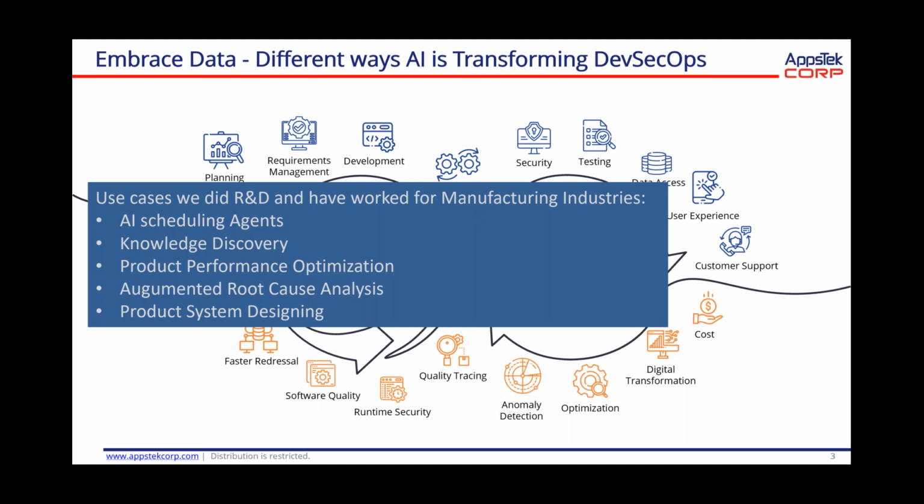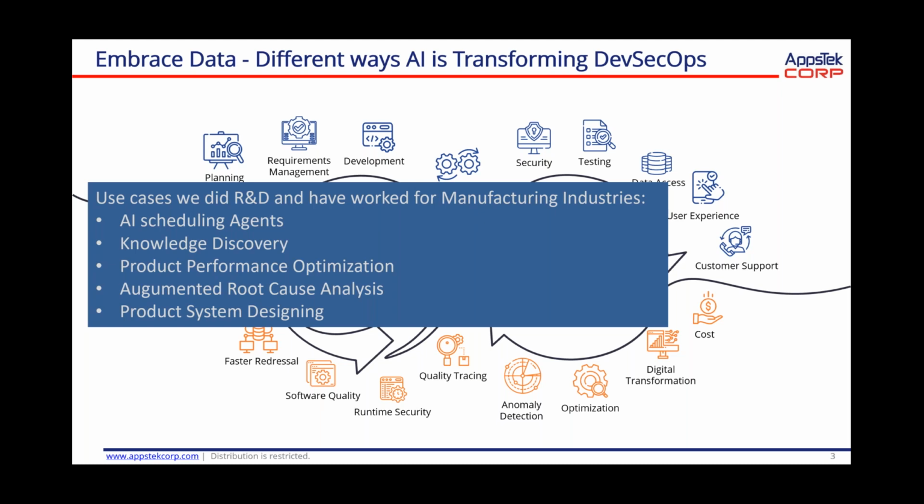Product performance optimization is again your maintenance tasks, and augmented root cause analysis. We have all done root cause analysis, right? There are a lot of issues which we can resolve in subsequent phases the moment you do root cause analysis. And then system designing, product system designing. So these entire phases are also getting impacted with AI.